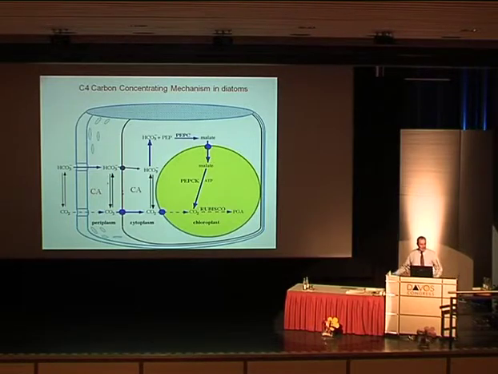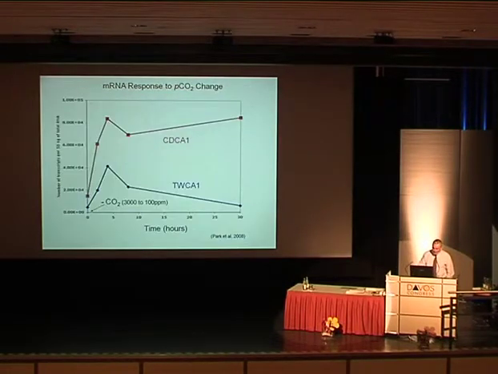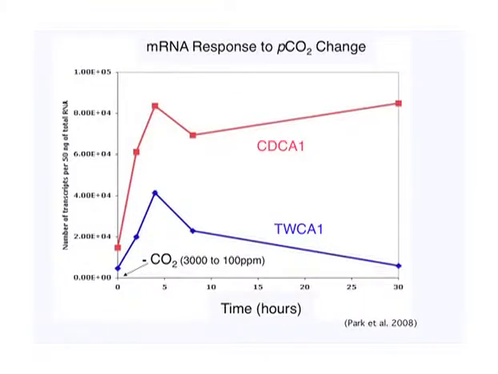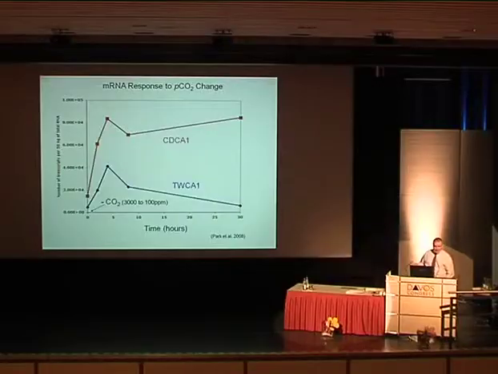So those two carbonic anhydrases really play the rest of the game in this CCM system of diatoms. And what we find, for example, is that when we go from high to low CO2, this is a reverse transcriptase experiment in which we look at the amount of those enzymes being expressed in the cell. You see that immediately as you lower the CO2, you have a jump in expression by manyfold. And it is the enzyme that we find to really change when we change the CO2 in the medium.